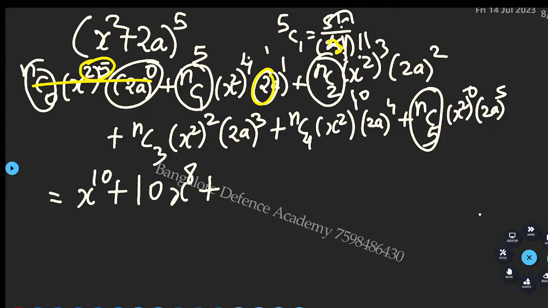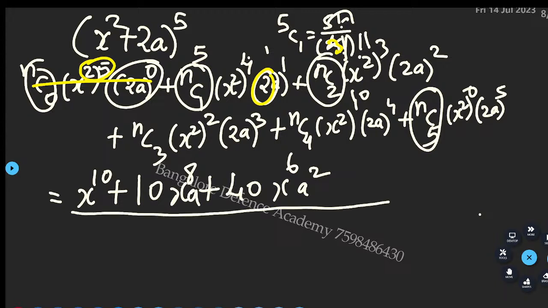So 10 into 4, 40. You got 40 here? Okay. Then 3 2s are 6. This is x to the power of 6 and this is a to the power of 2. Did you get this? A मैंने नहीं लिखा. Okay, हाँ, A, it should be like this. Okay, so like this you have to keep going, expanding the terms.